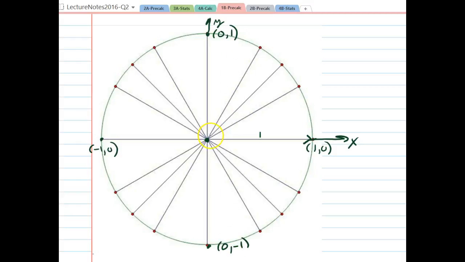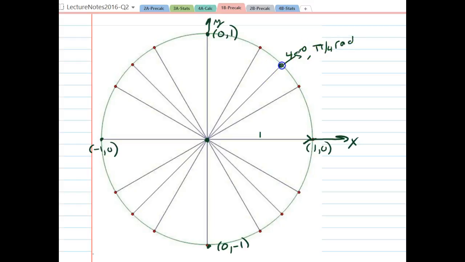Now we just looked at this right here, the 45-degree angle, right? So this is 45 degrees, which is the same as pi over 4 radians.